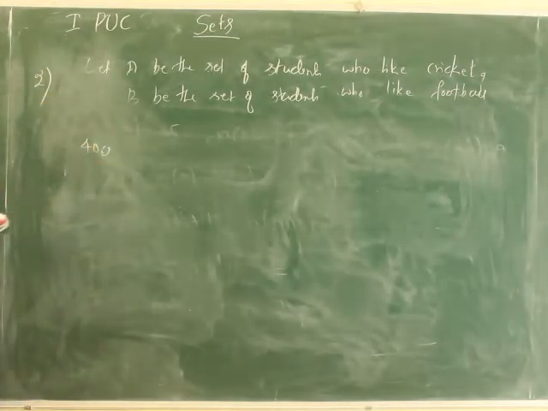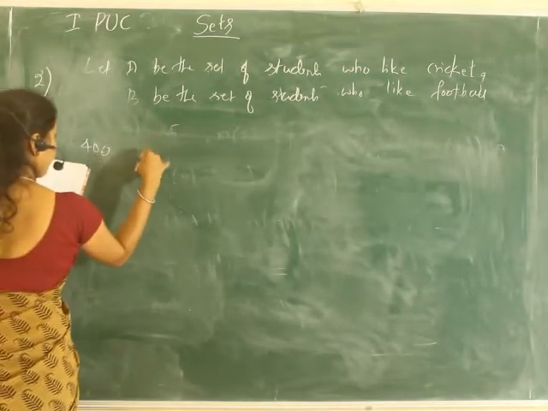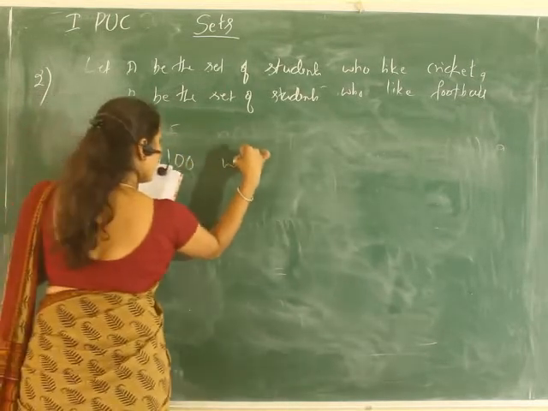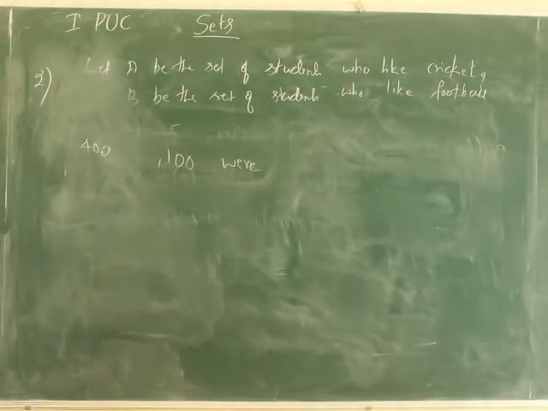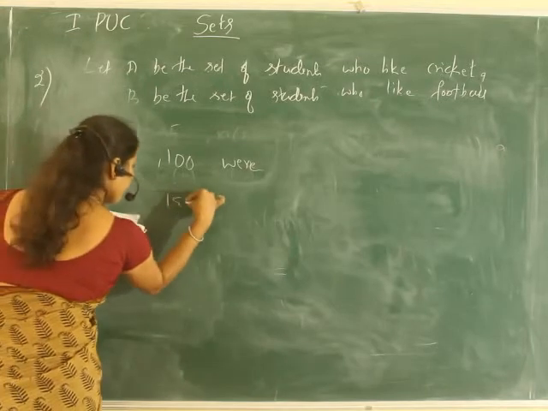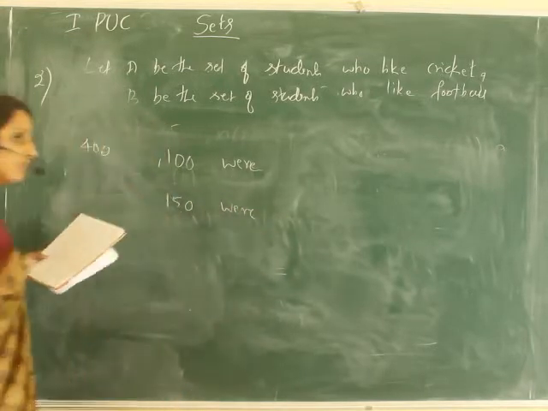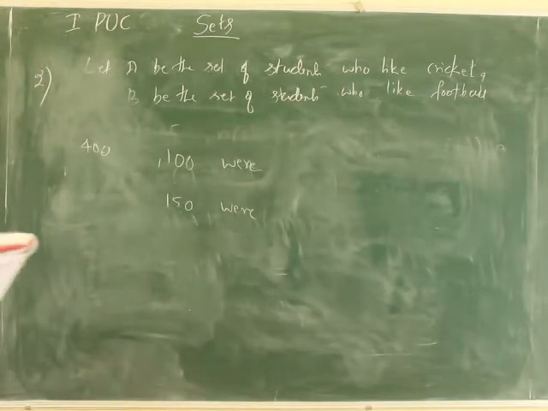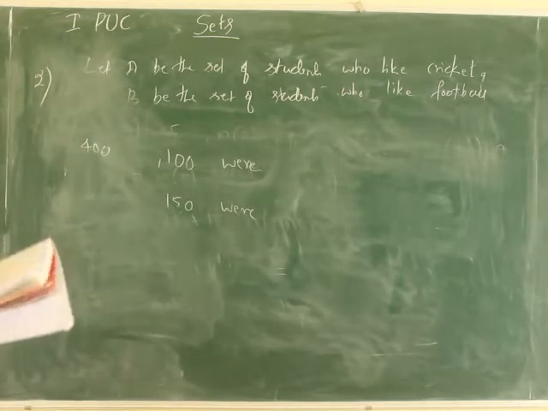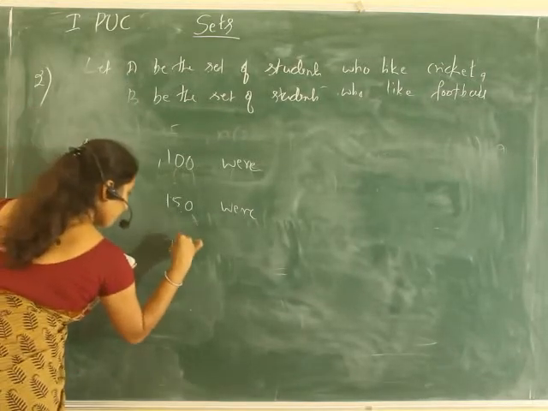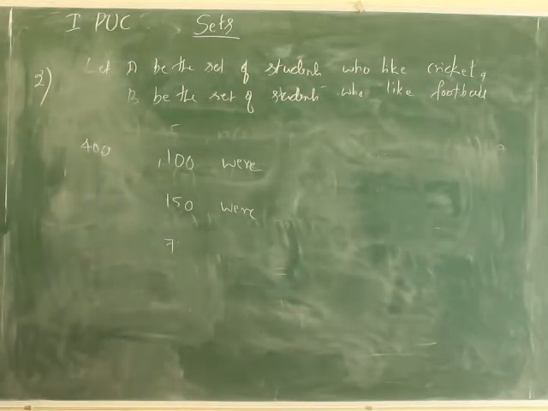There are 400 students in a school. 100 were listed as taking apple juice. 150 were listed as taking orange juice, and 75 were listed as taking both apple as well as orange juice.